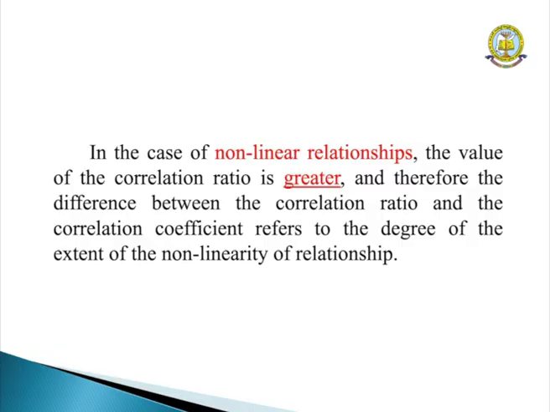In the case of a non-linear relationship, the value of the correlation ratio is greater, and the difference between the correlation ratio and the correlation coefficient refers to the degree, the extent of the non-linearity of the relationship.